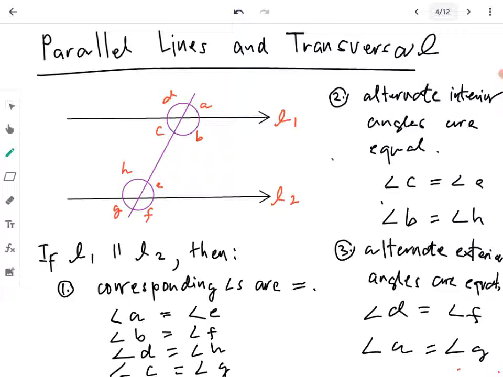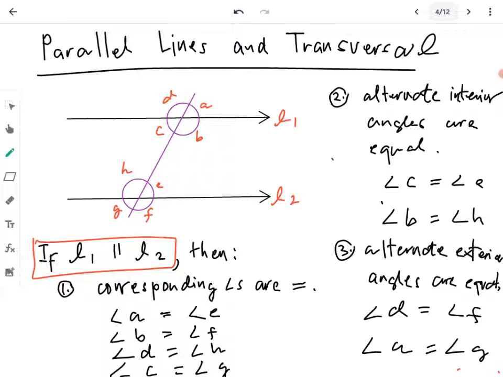The basic premise is that if line 1 and line 2 are parallel, then, number 1, corresponding angles are equal.